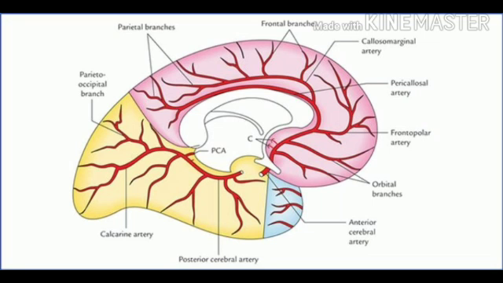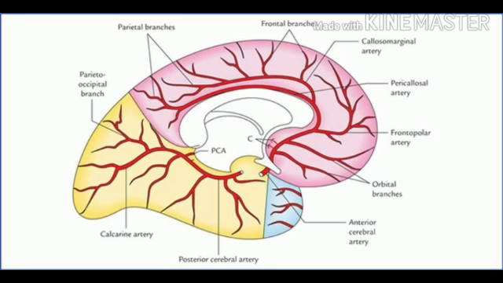You are seeing this diagram of the cortical branches supplying the surfaces of the cerebrum. Here the different arteries are marked by different colors. The anterior cerebral artery is pink, the middle cerebral artery is blue, and the posterior cerebral artery distribution is yellow.